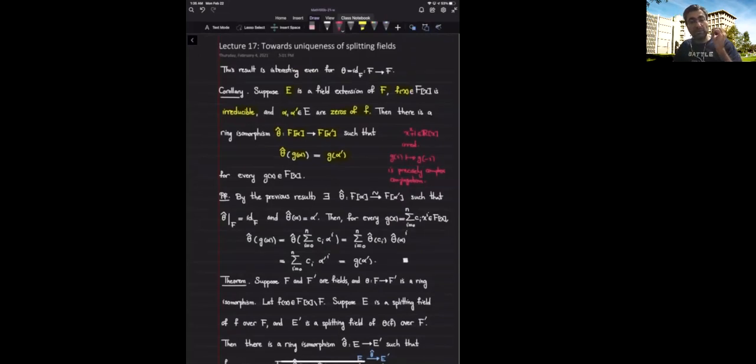In any case, now we have this general kind of statement that whenever I give you a single irreducible polynomial, then I can always send one of the zeros of this polynomial to another one and gain a ring isomorphism between F[alpha] and F[alpha prime]. This type of statement is going to play an important role in Galois theory when we want to understand the so-called Galois groups and so on.